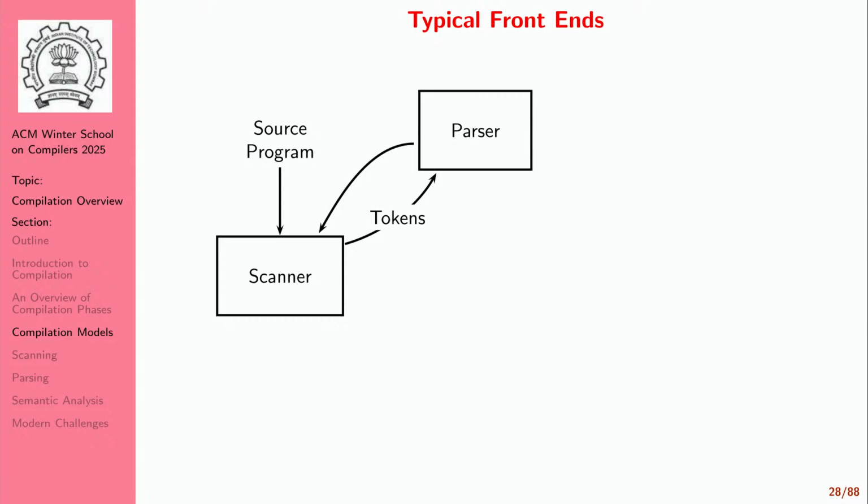Whenever a parser requires the next token, it accumulates the tokens and the parse tree that it has seen, and it knows that it can't proceed until it knows what the next token is. Then it calls the scanner internally, and the scanner reads the source program. The parser does not read the source program. The source program is always read by a scanner.